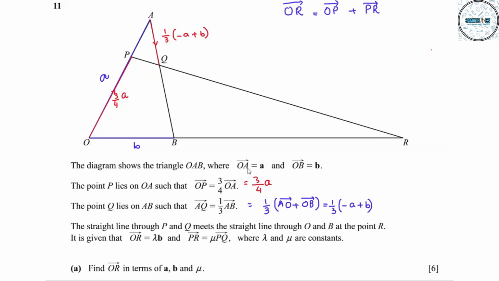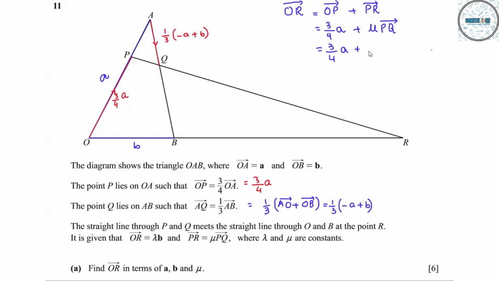OP is already given, which is 3/4 a, and PR is mu times PQ. We can take out PQ as PA plus AQ.